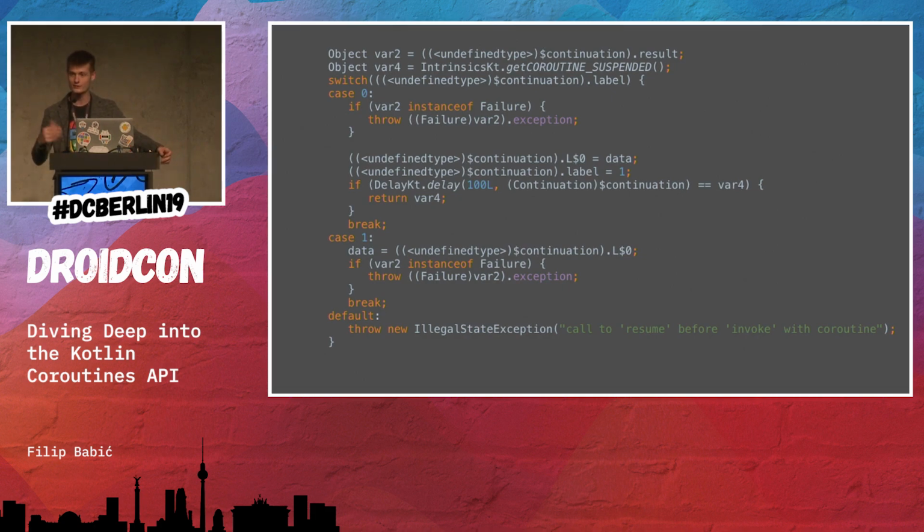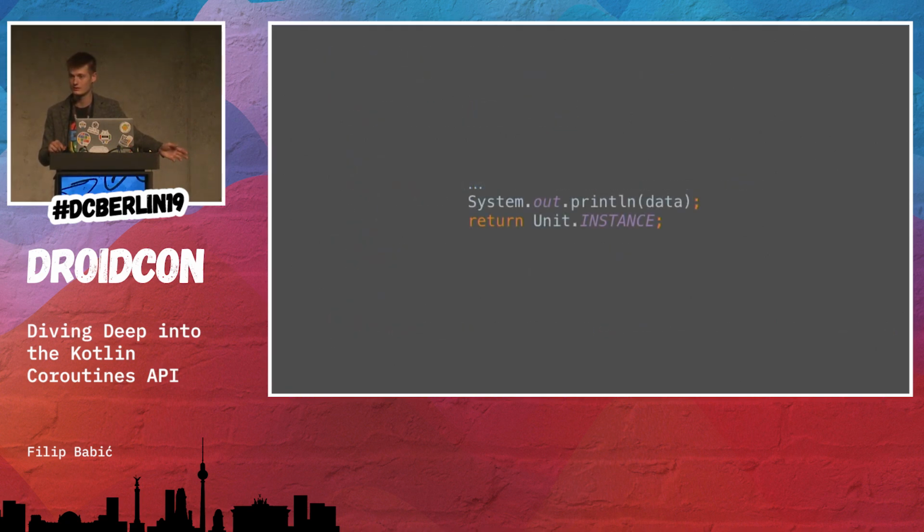After it returns, it goes back to the same function, to the same case, and it says, okay, now the label is 1, I have some result, I have some data within, I can simply check if something went wrong. If nothing went wrong, I can go to the rest of the code, which is just printing the piece of data we sent in.